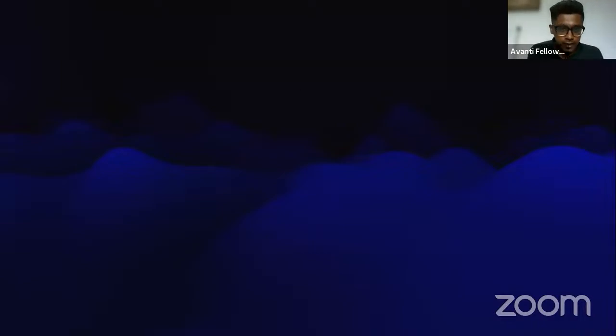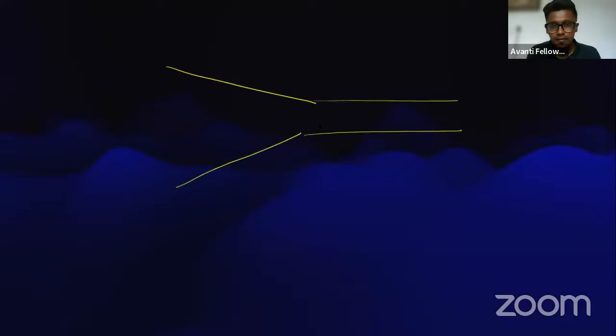Chalo. Let's see. So we know that if I open the strand, it looks something like this. You agree? This is the parent strand, and here it is wound, here it is unwound, and here our helicase is there. Correct? Our helicase, what is it doing?